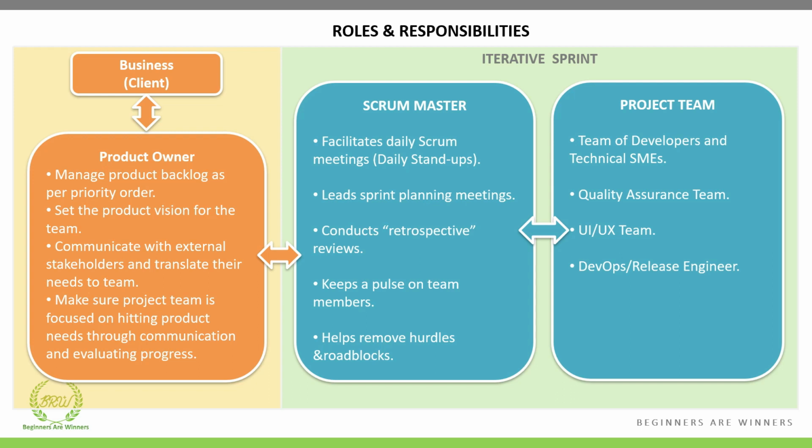And then the project team or development team may comprise various roles, not limited to developers, QAs, subject matter experts, UI UX team members, architects, etc. They may be cross functional teams and are mature and self organized teams working together, and they decide what is best for them as a team to achieve common team goals.